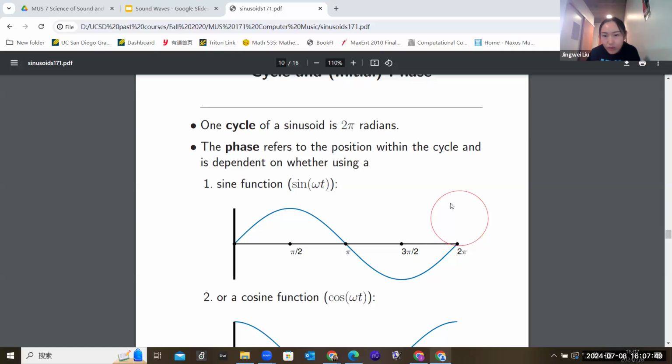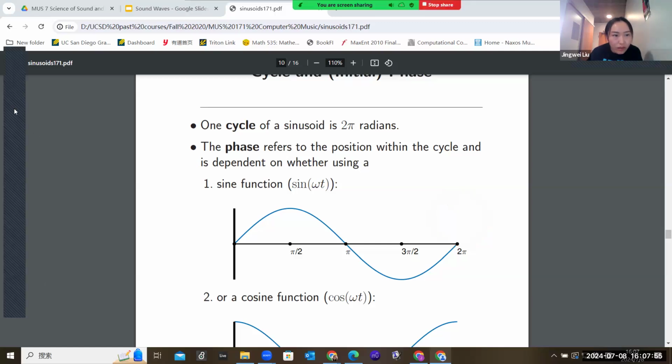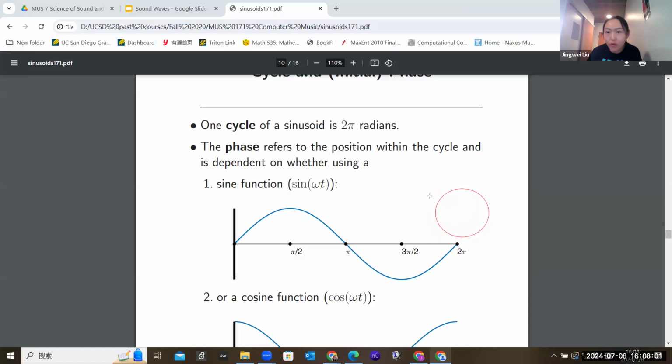If you go through one cycle on this circle, that is why it is in this form of 2 pi.